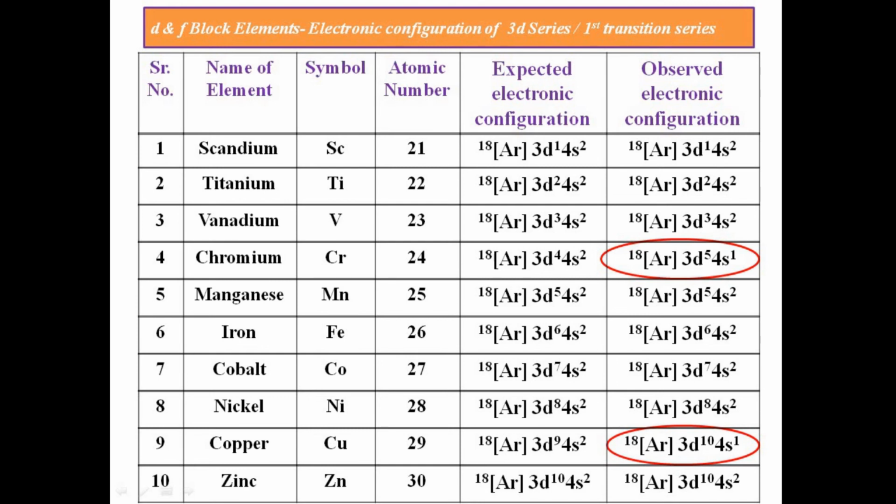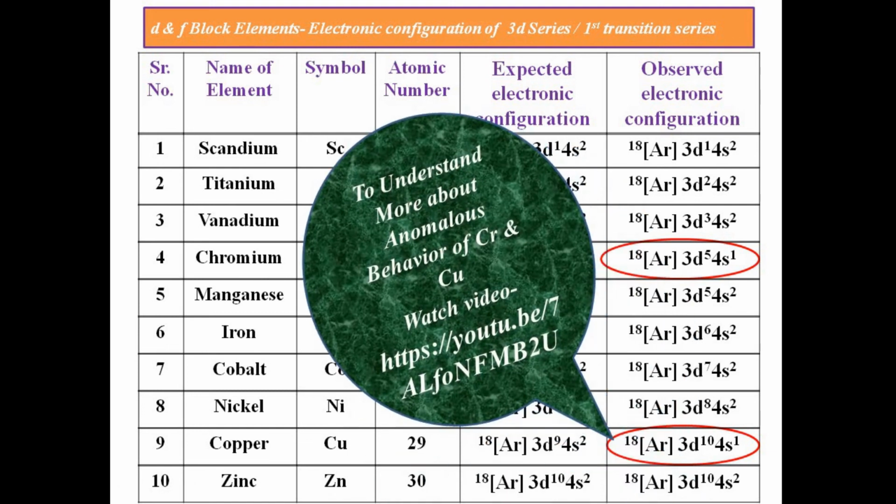So to attain maximum stability, they behave exceptionally compared to the other elements of the 3d series. To understand more about this, you may watch my video Anomalous Behavior of Chromium and Copper. So you will understand why chromium and copper behave differently.